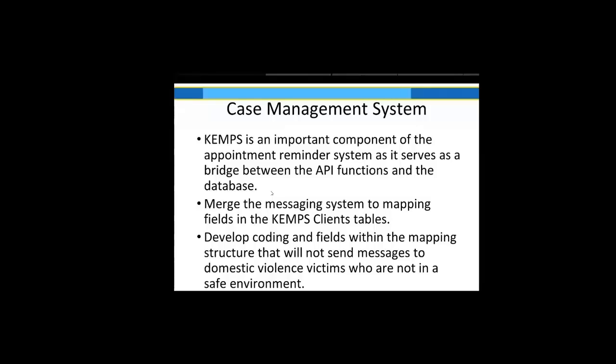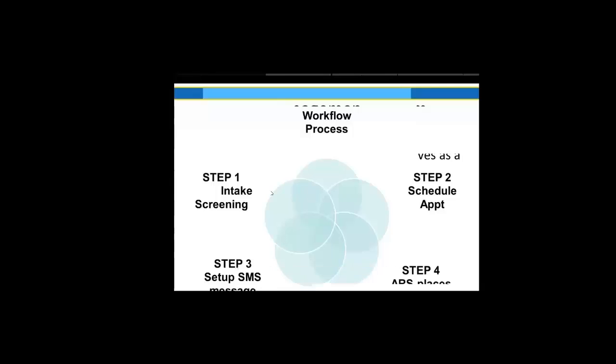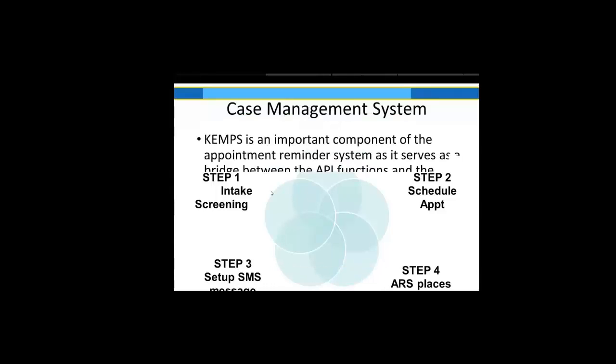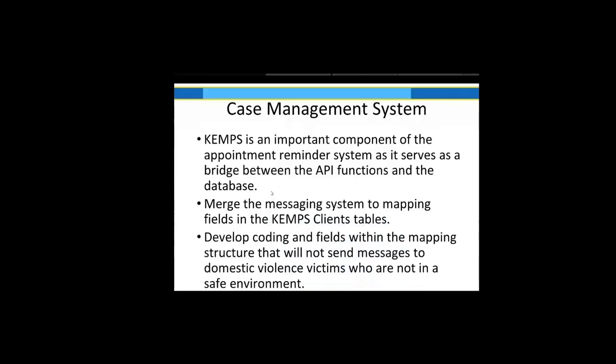It could also trigger if maybe the client provided us a number that was incorrect, or if we had incorrect information, that information would also be put into the case management system under the notes field for us to be able to run reports or be able to know exactly what happened in that case.